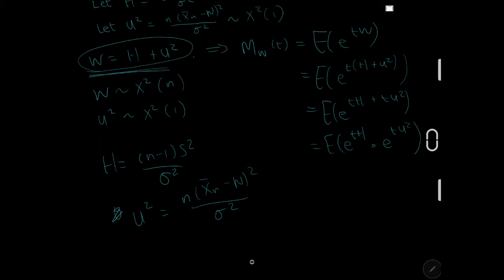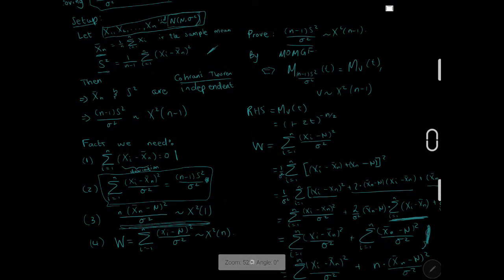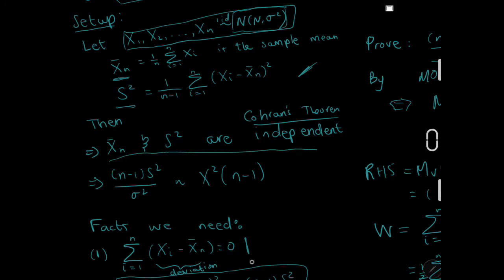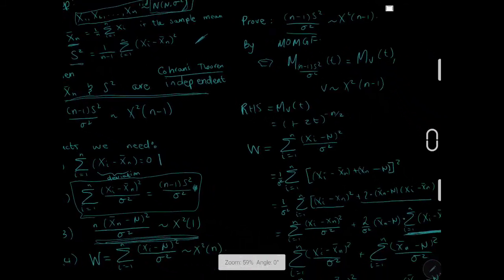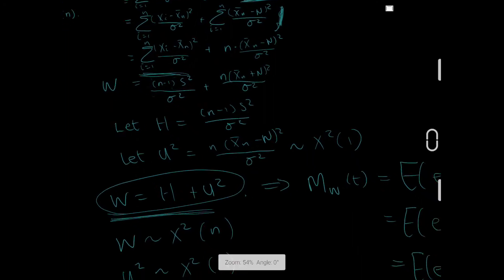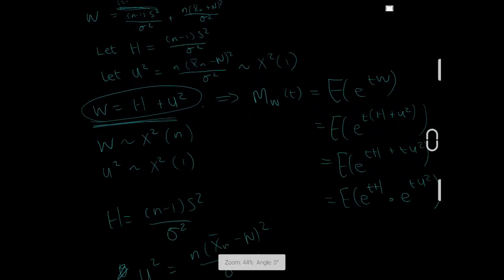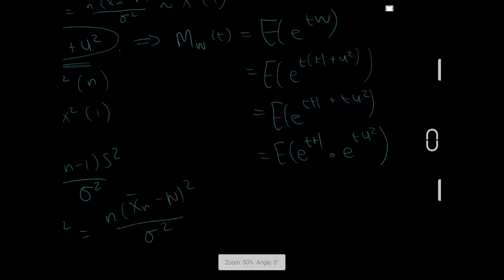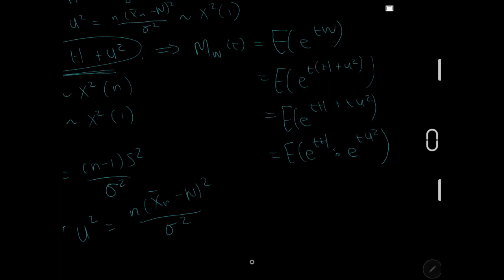So u squared is a function of xn bar. So we have a function of our sample variance and a function of our sample mean. And based on this fact over here, that xn bar and our sample variance are independent, it means that any function of those two things are independent. So that means that h and u squared are going to be independent.